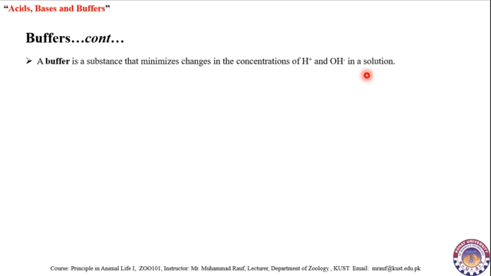So here is a more relevant explanation of the buffer system: a buffer is a substance which minimizes changes in the concentration of hydrogen and hydroxyl ions, in other words, which maintains the pH of a solution at a proper level.